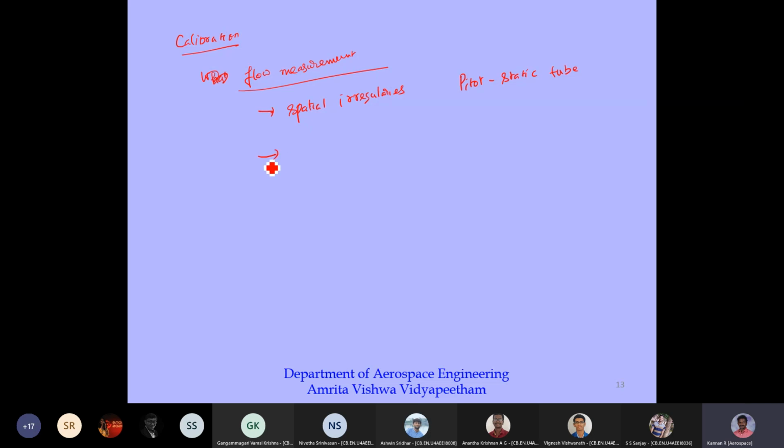Second thing is, your pitot static tube is going to measure the dynamic pressure also. You can measure dynamic pressure. Even with one lead, you can measure the total or stagnation pressure, and the third one is your static pressure.